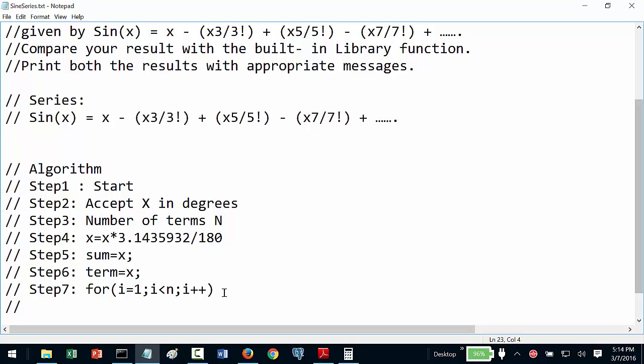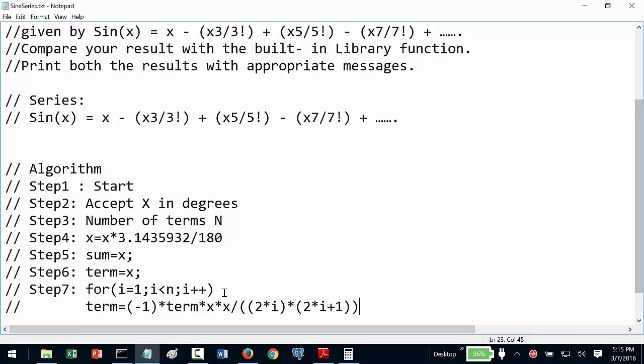So what is my new term? My new term is, I will now say my term is equal to minus 1 into term into x whole divided by 2 into I into 2 into I plus 1.